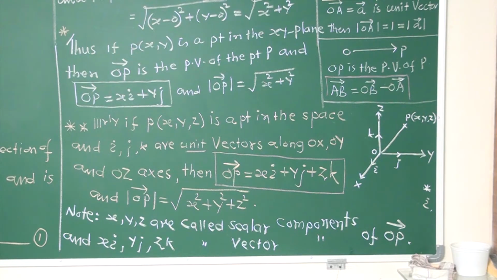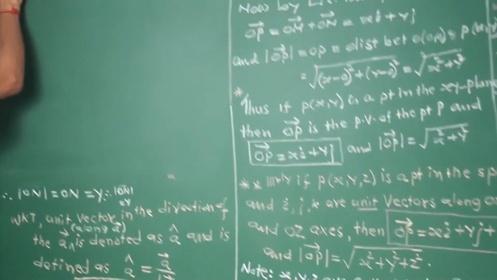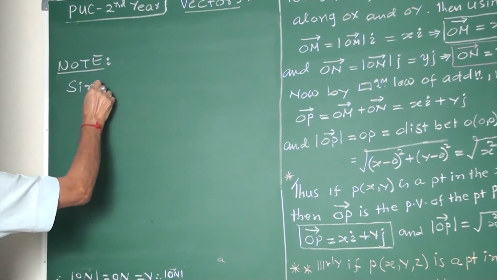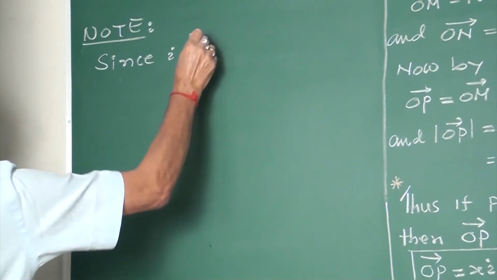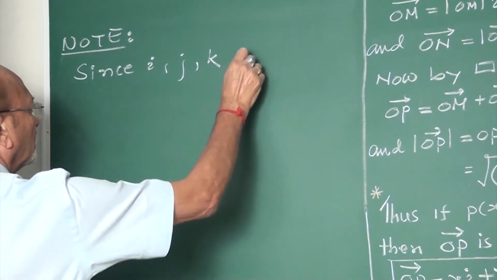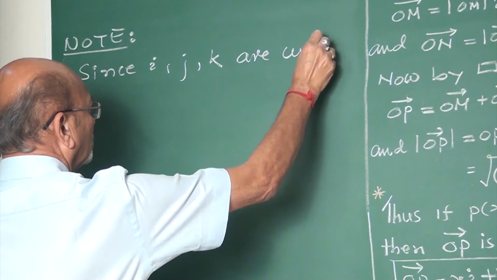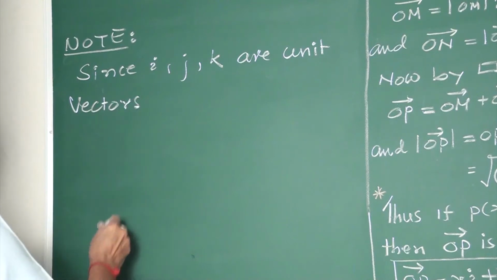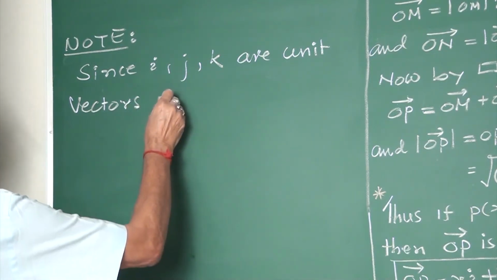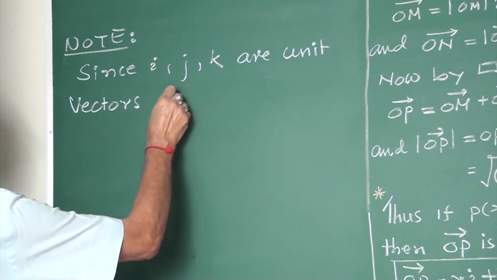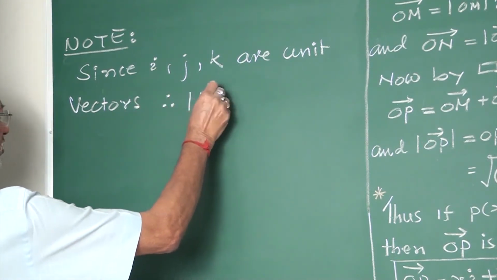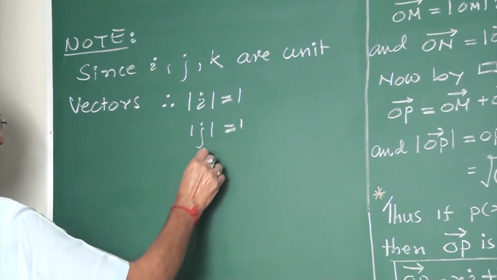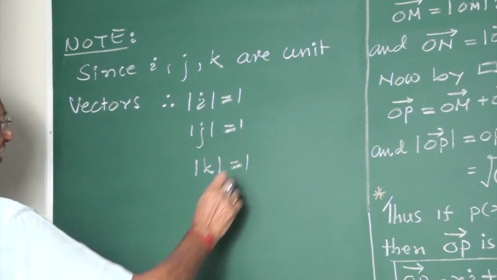Yes, friends. Note: since i, j, k are unit vectors along Ox, Oy, Oz, therefore magnitude of i is 1, magnitude of j is 1, and magnitude of k is 1, my friends.